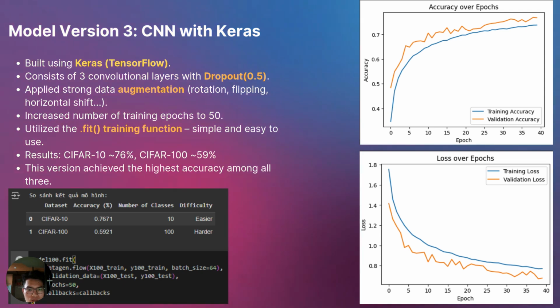And in this version, I also create plots for the accuracy over epoch and loss over epoch, and validation accuracy and validation loss, so we can clearly observe the performance.